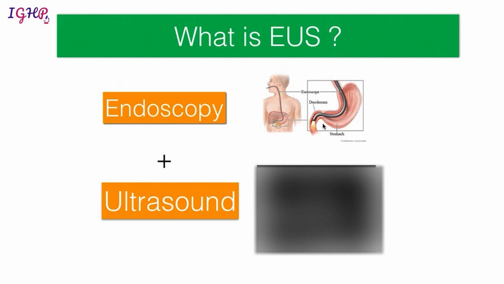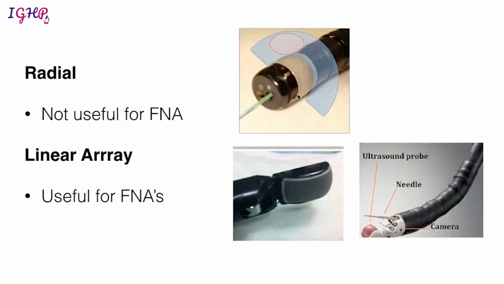So endoscopic ultrasound is used to visualize the gastrointestinal mucosa as well as the structures adjacent to the GI tract, and of these the most important structure is the pancreas, that is, the pancreatic lesions. We have discussed that an endoscope has a camera. There are different kinds of probes that can be used for visualization of structures adjacent to the GI tract. One of them is the radial probe, but this is not much used these days.